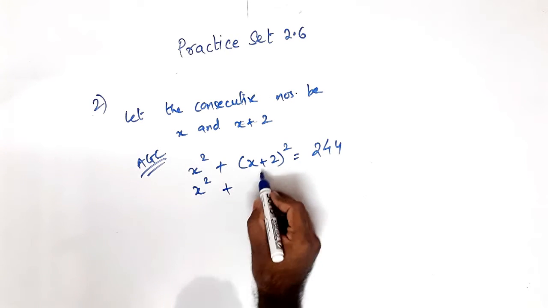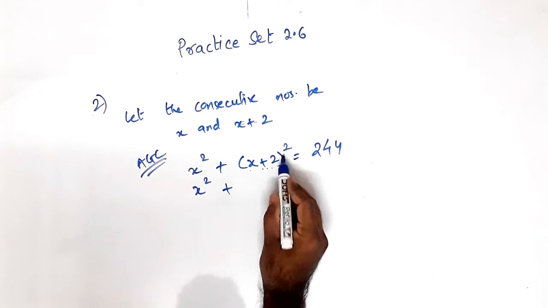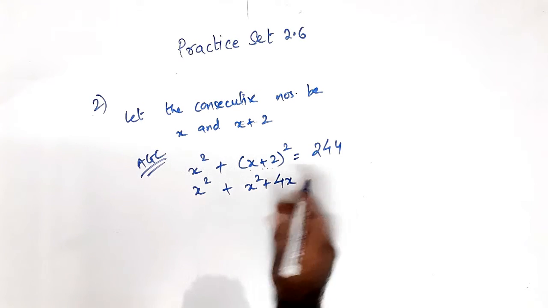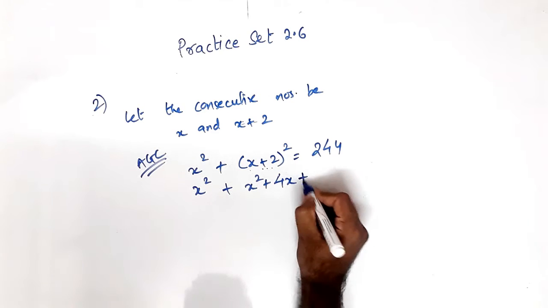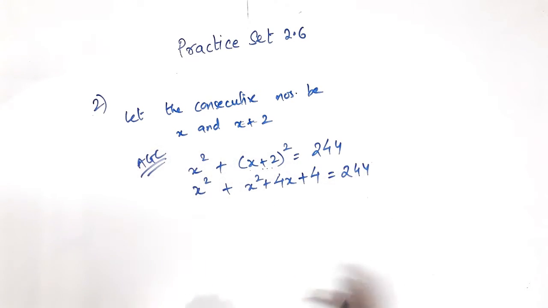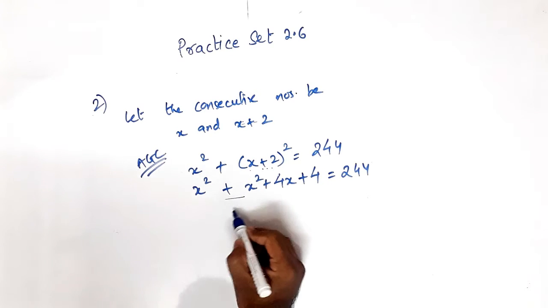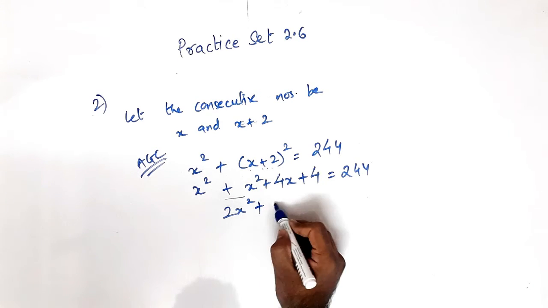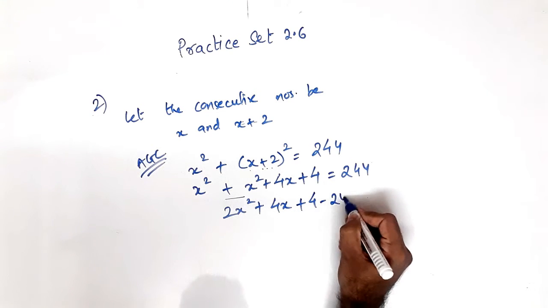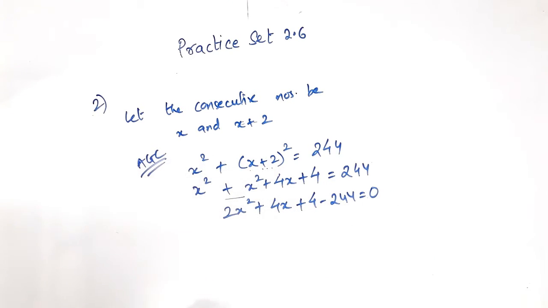This will be x square, this will be (a plus b) the whole square, so a square plus 2ab plus b square equals 244. This becomes 2x square plus 4x plus 4 minus 244 equals 0.